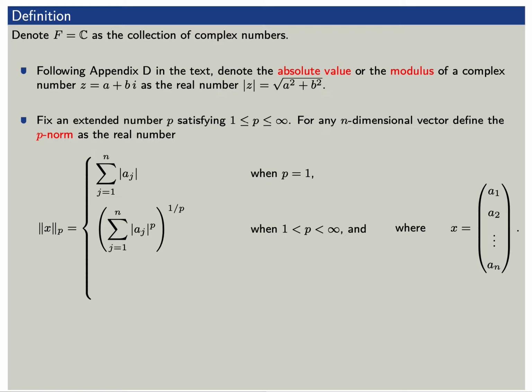That'll be if p is between 1 and infinity. Finally, if p is equal to infinity, we'd like to have the maximum of the absolute values of the various entries. So that is, we take the absolute value of a1, absolute value of a2, and so forth, and then we take the maximum of those various numbers.